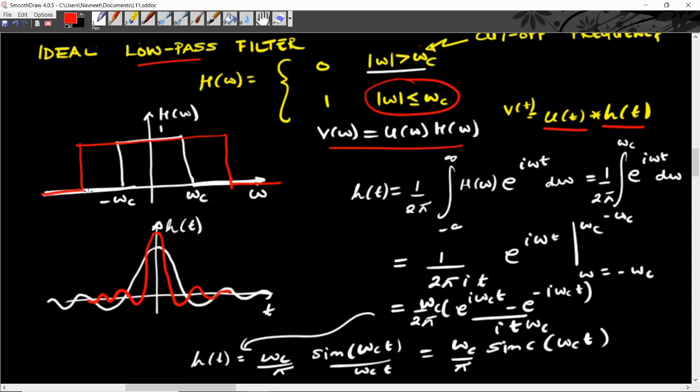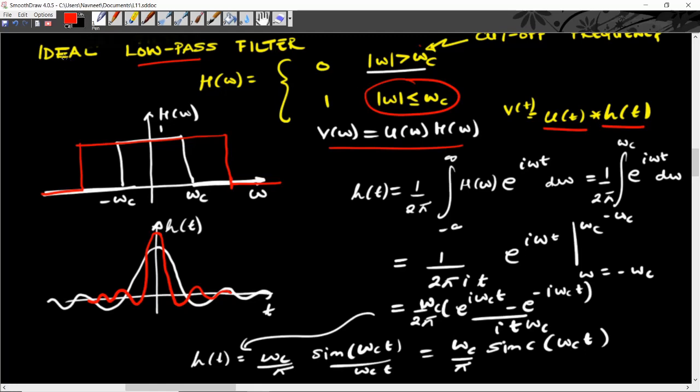When we say that we have a low pass filter, we also need to remove the negative frequencies having an absolute value greater than omega c, and this is because a real valued signal will have both positive and negative frequencies in the spectrum, and the negative frequencies are just because of the fact that representation of a real signal in terms of complex exponentials, as we do in Fourier transform, will involve negative frequencies along with positive frequencies.